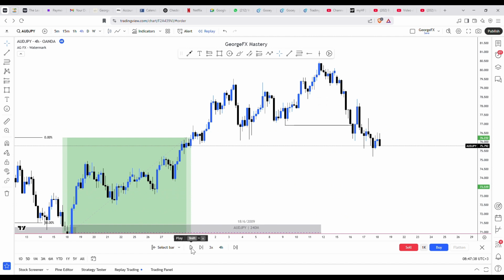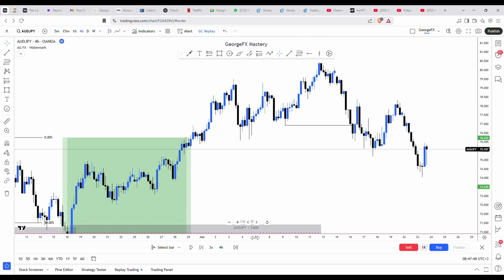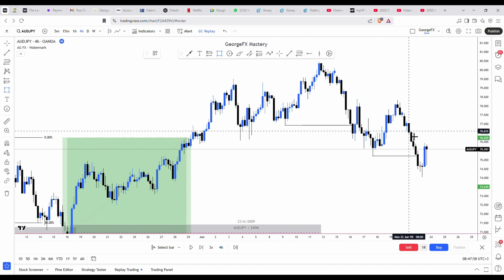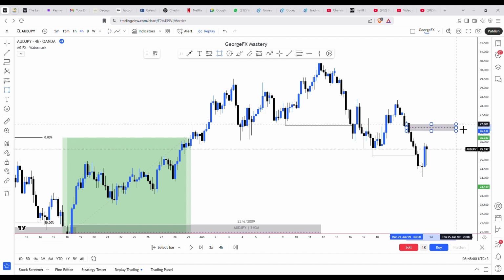So maybe you might have small trades. Okay, that's nice. After that change of character, we've had a breaker structure here. So ideally it means that we can have an order block. In this case, this can be our possible order block here.